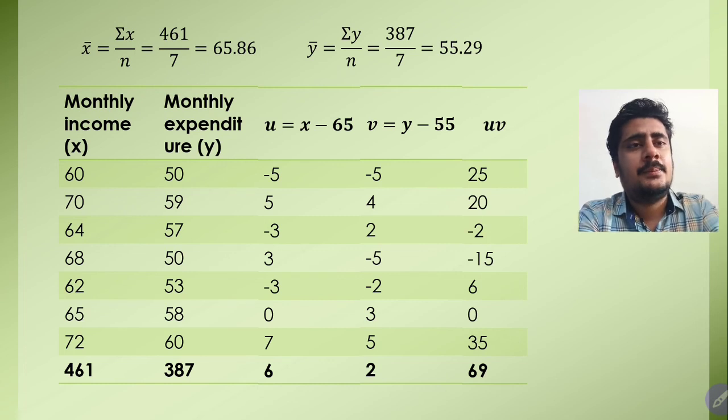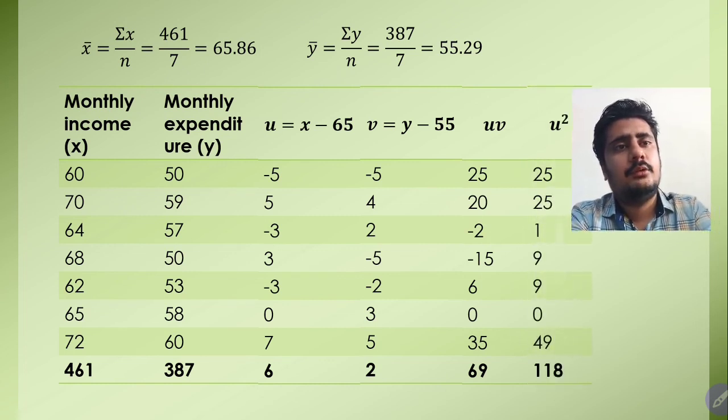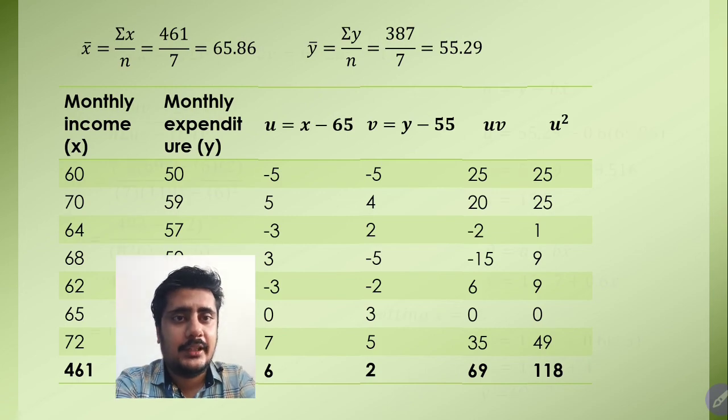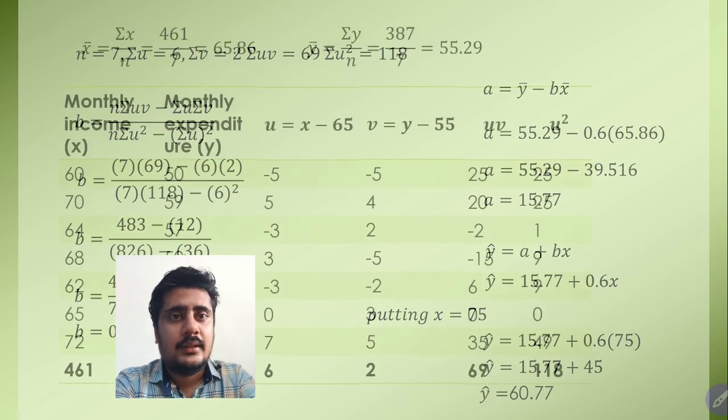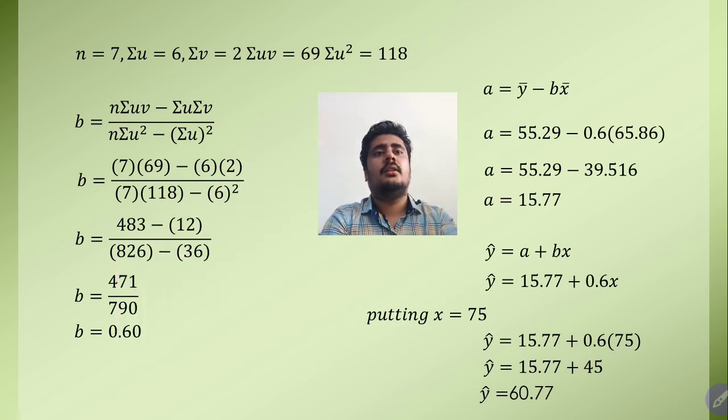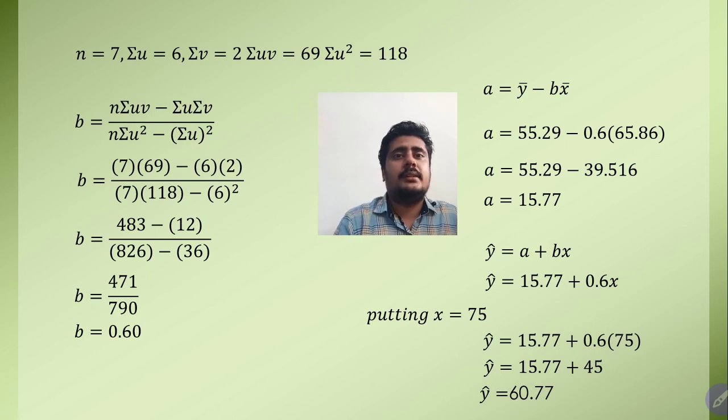Then the steps are the same for us. We have to find uv, that means u multiplied by v. Then we will find u square. And after finding everything, what is the formula? You can see the formula is b is equal to n sigma uv minus sigma u sigma v. If you compare this formula with the second one, in place of x there is u, in place of y there is v, nothing changed.